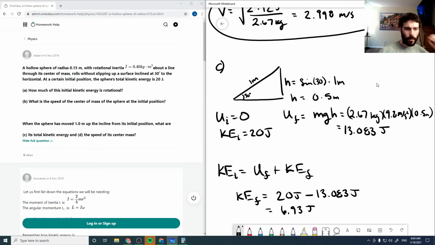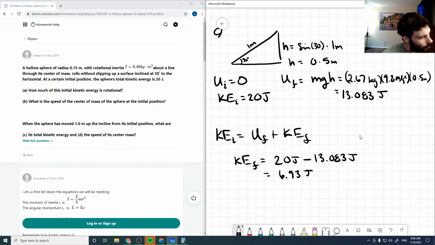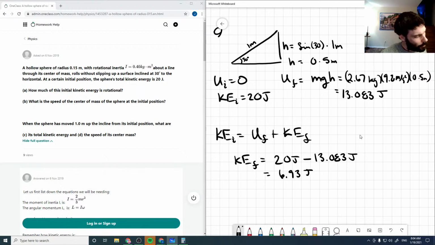Okay. And then it wants to know the speed of its center of mass.